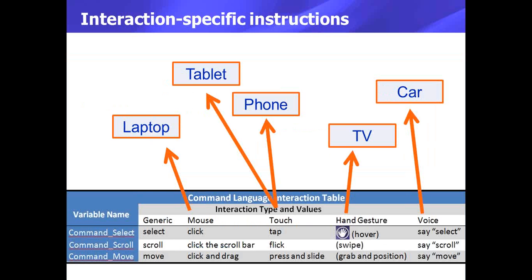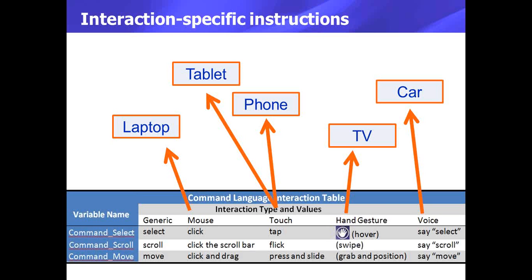What I use to help me manage that is what I call a command language interaction table. In some situations, I may decide I want to use generic verbs like select, scroll, and move. In other situations, I may feel that it's important to use interaction-specific verbs.